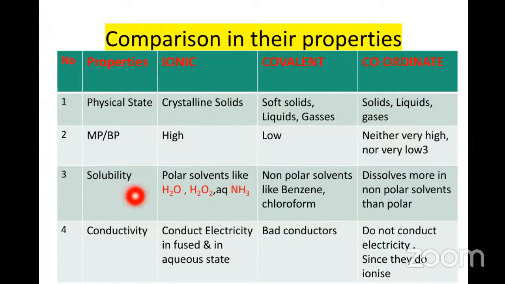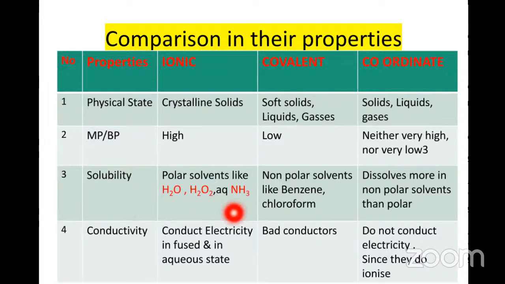Next property is solubility. Ionic compounds are soluble in polar solvents like water, H2O, and aqueous ammonia. But covalent compounds dissolve in non-polar solvents like benzene and chloroform. Coordinate compounds dissolve more in non-polar solvents than polar solvents. Next property is conductivity.